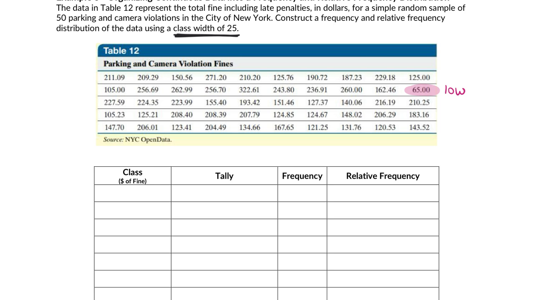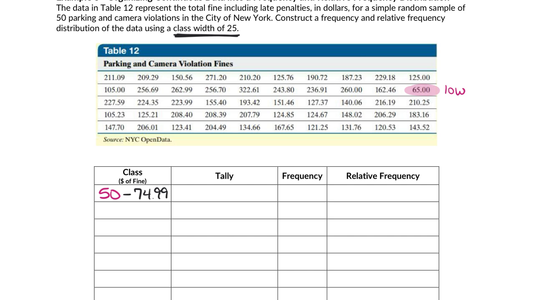Do you have to use 50? No. You get to choose the convenient number you're using. But what we will do here is start our classes off with the dollar amount of $50, and that goes all the way through 74.99, because that's a $25 difference between 50 and basically 75.